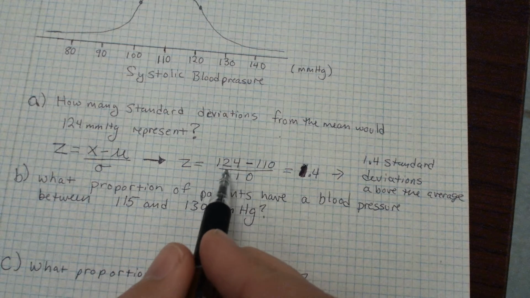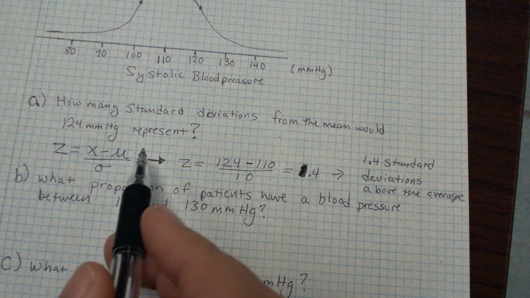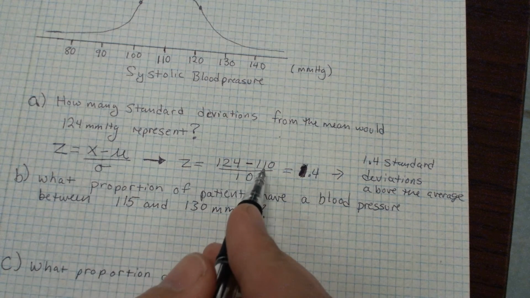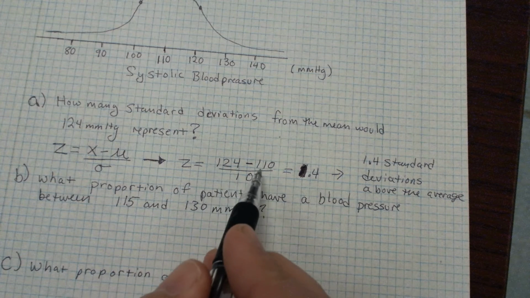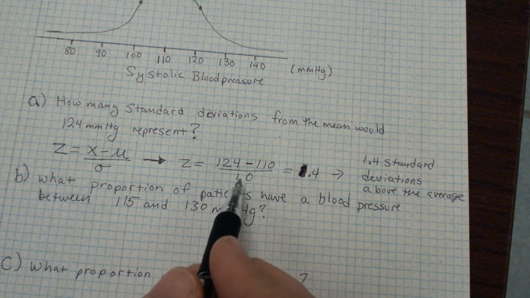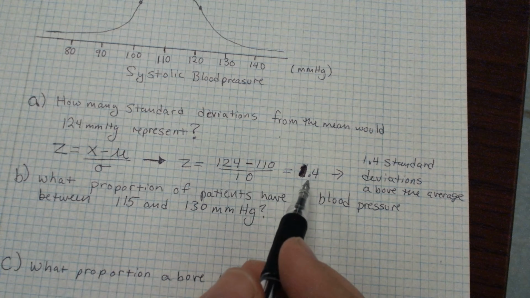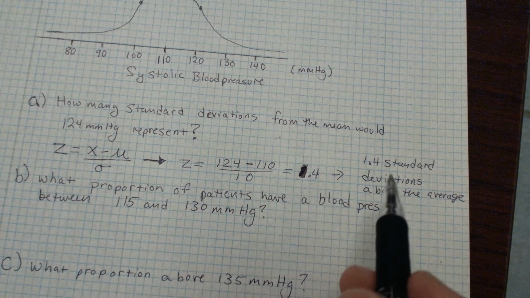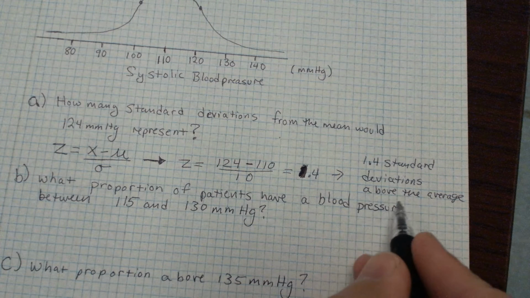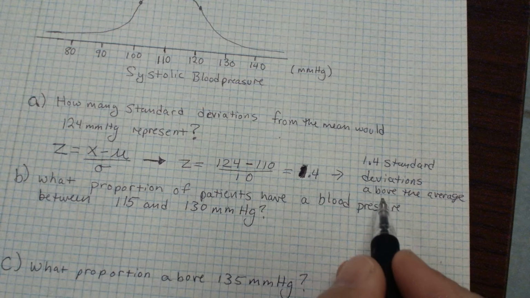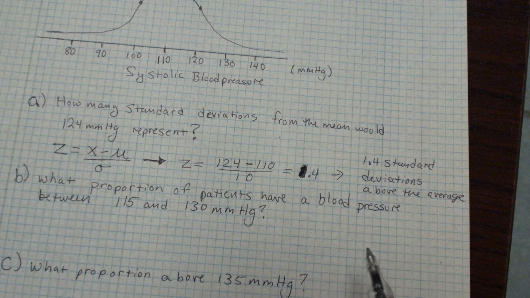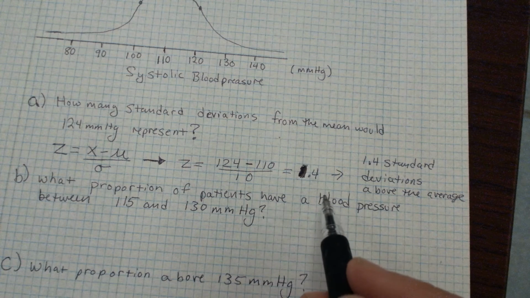So 124 is the value of interest, your mean is 110, your standard deviation is 10. You do the subtraction on the top, that gives you 14 divided by 10, which is 1.4. What that means is you are 1.4 standard deviations above the average for blood pressure in this particular case. Make sure you say the above there. That's really important, and that is what your z-score tells you.